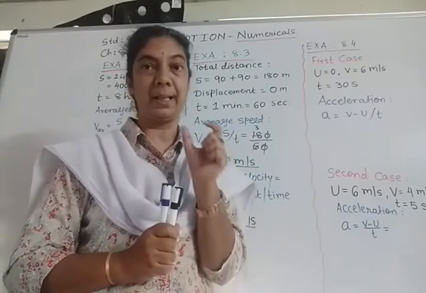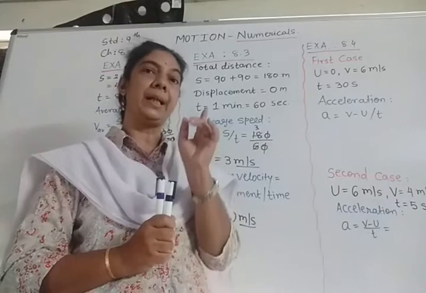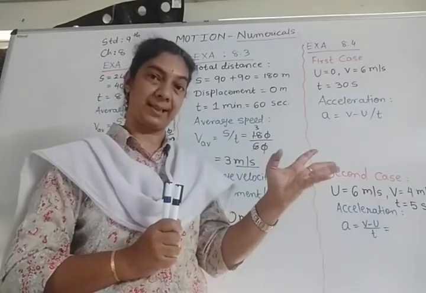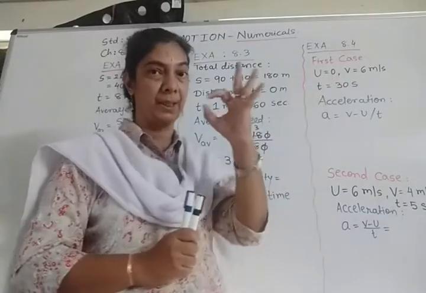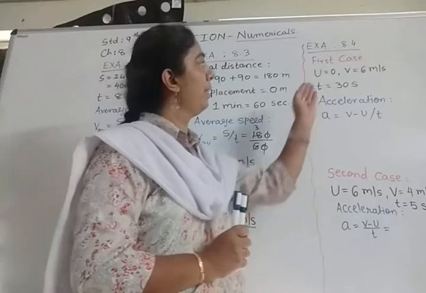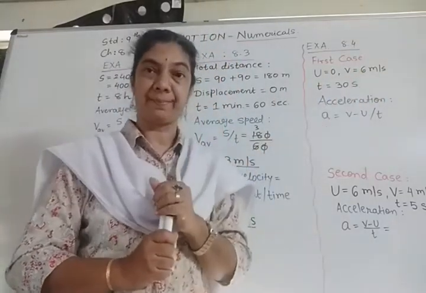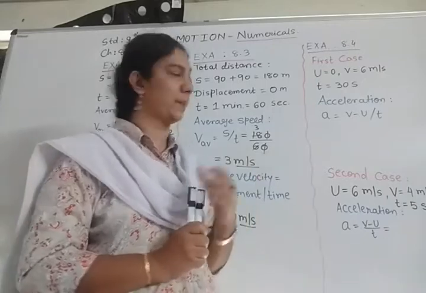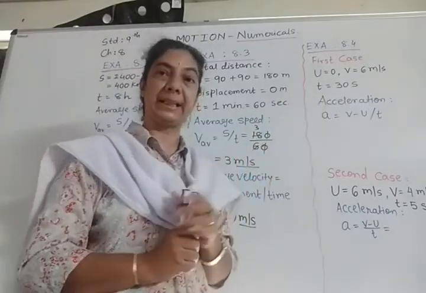Please understand this properly. It is given that he starts from rest, so initial velocity becomes 0. Then the final velocity he achieved is 6 meter per second, and time for that given is 30 seconds.